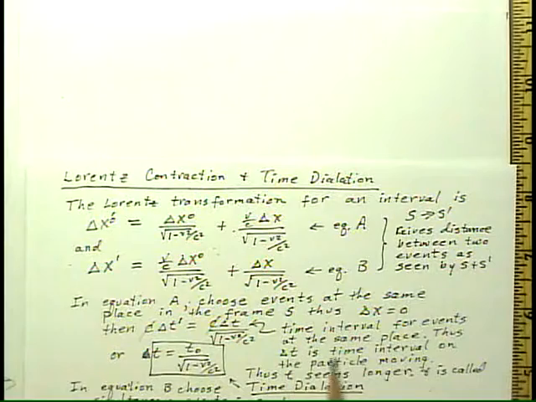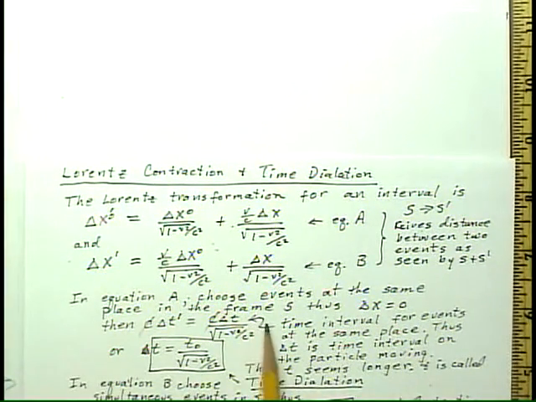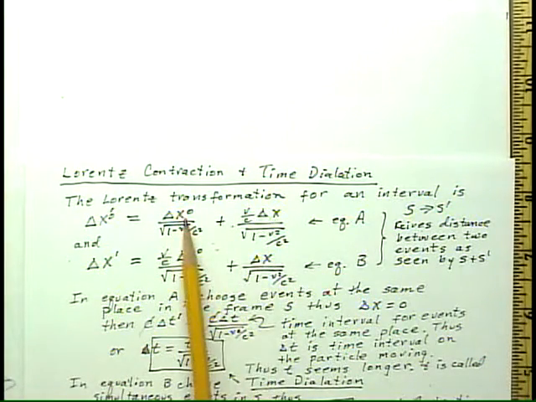Thus, d tau is the time interval on the particle that's moving, because in this frame of reference, these two events occur in the same place. We set delta x equal to 0. Therefore, in this frame, between the first part of the infinitesimal and the next part of the infinitesimal between the two events, there's no change in space.